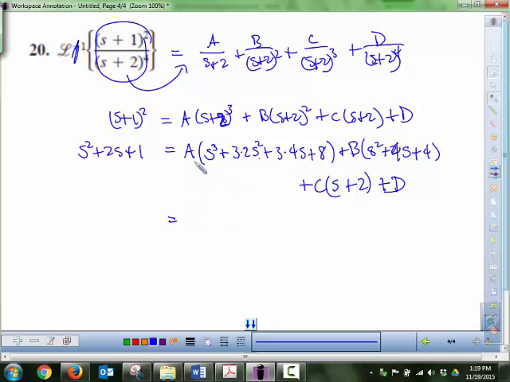Now I want to start combining, see if I can combine terms. I have A s cubed. That's my only term with a cube. Now let's see if I can collect all the terms with an s squared. I have A, 6A, and B. Those are the ones with an s squared.